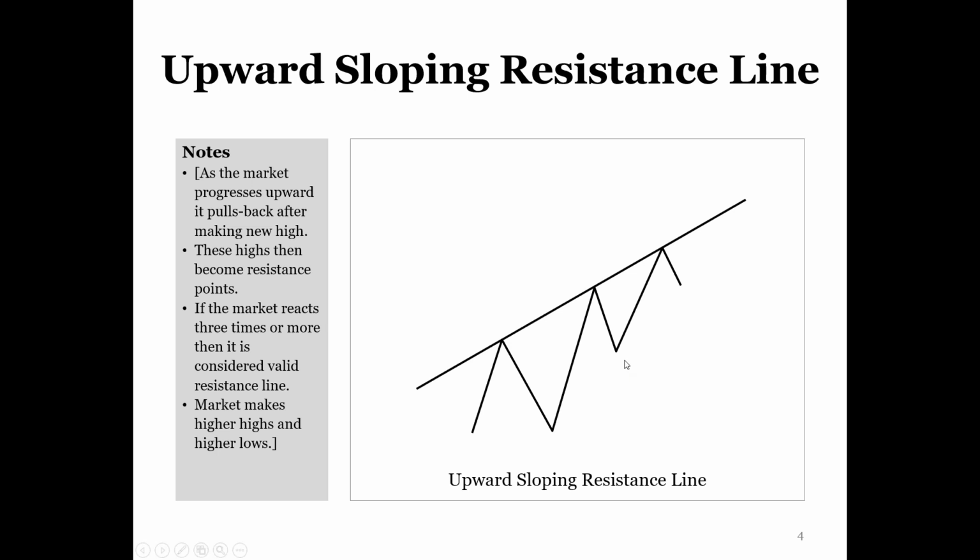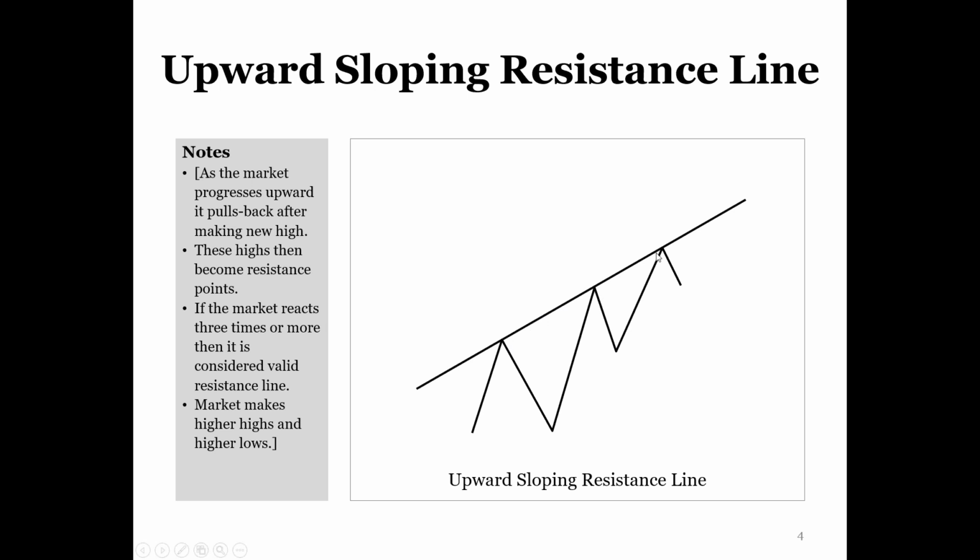And it's upward because it's making a new high. When the market bounces back down and then moves up, it moved exactly to the trend line defined by these two price points.